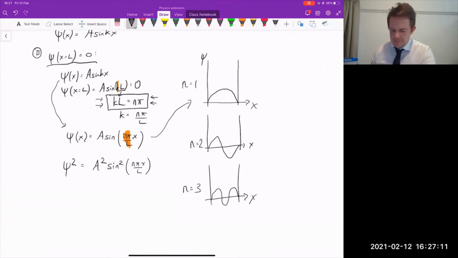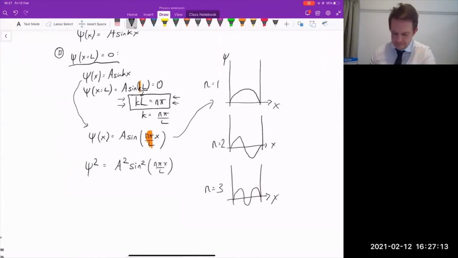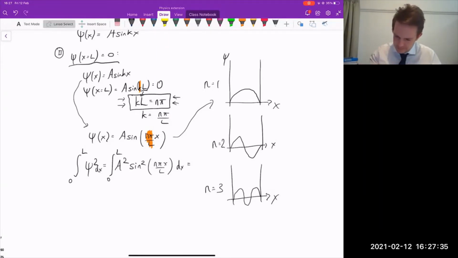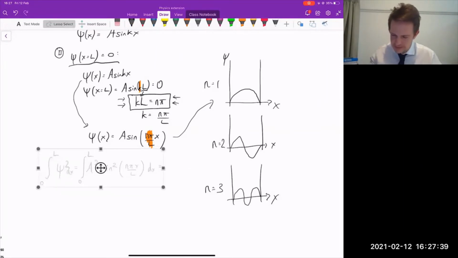But if I add up the probability across the whole box, if I sum up the probabilities for all the x's over the whole box, which amounts mathematically to doing an integral between 0 and L, what does that have to equal? If the particle is going to be found in the box, definitely.